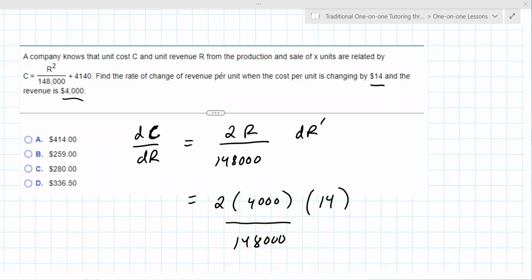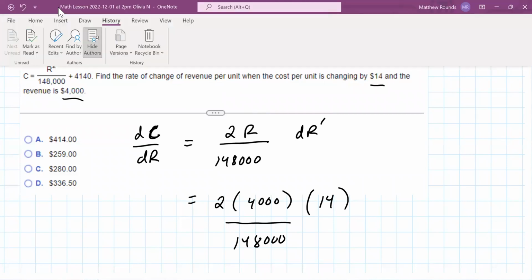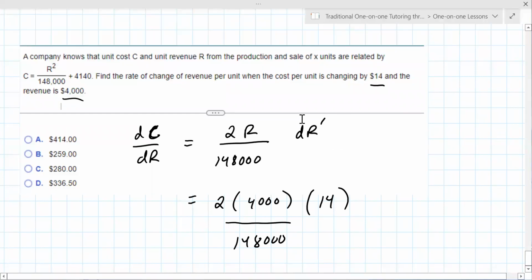Oh, I see. Why did they do it this way? What I'm noticing is that they want the rate of change of revenue per unit, and they want something different than I did here.